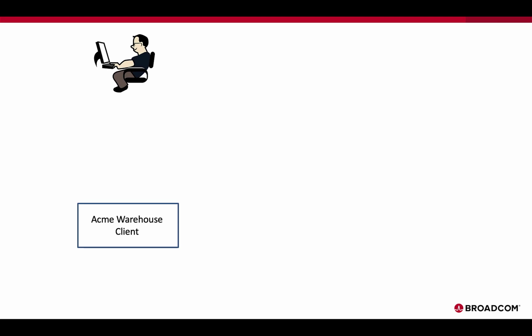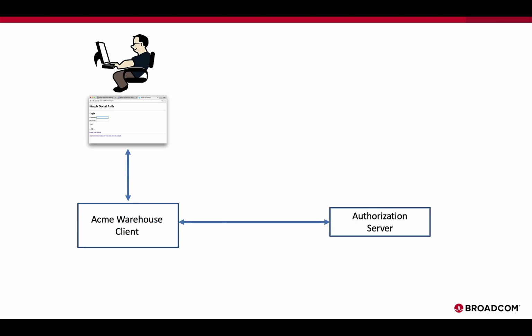The user uses their browser and logs in, and Acme Warehouse is synced to use an authorization server. In this example, we're going to use social login, so it'll redirect to a service like Facebook or Google. But in the demo we're going to show, we'll be using an all-in-one deployment using the Layer 7 OTK as both the authorization server as well as the resource server.